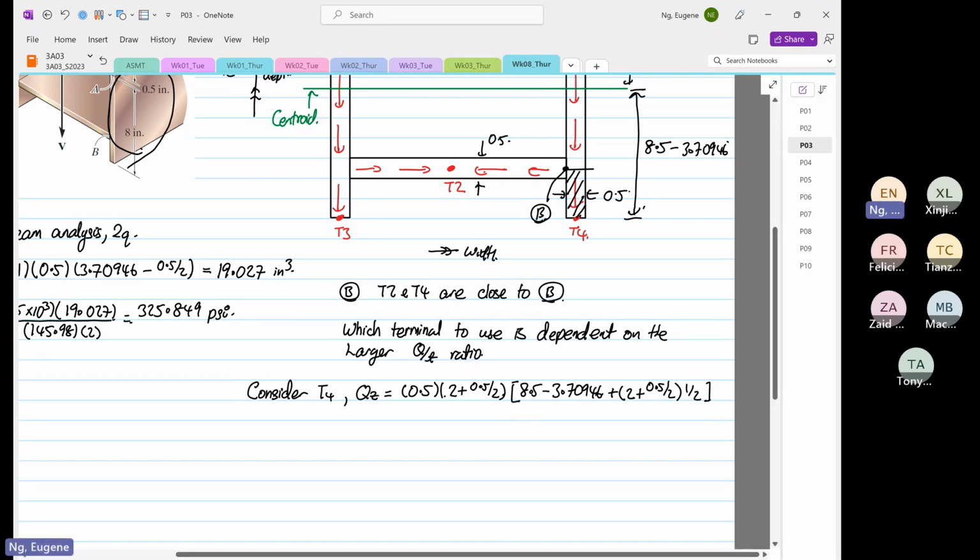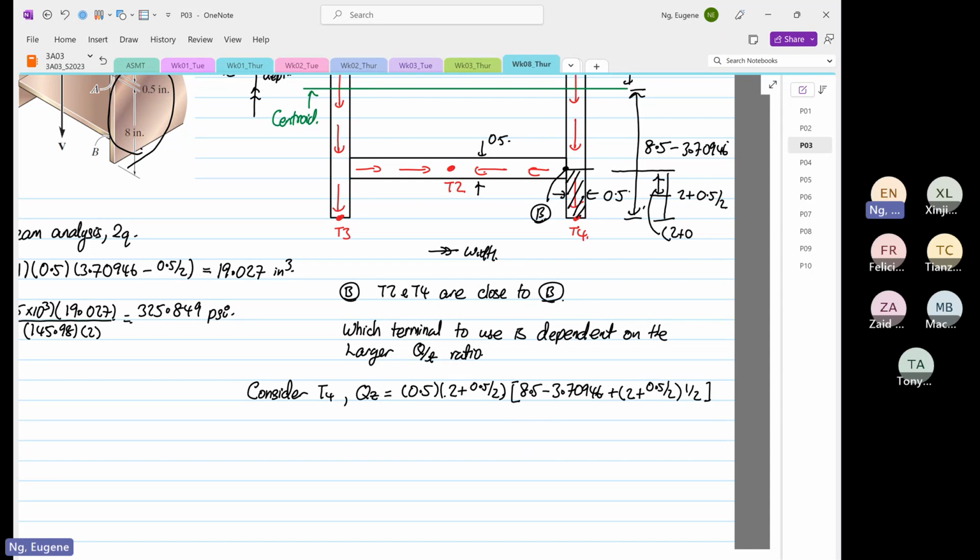So what I'm doing down here, we know that the distance from here to here is 2 plus 0.5 divided by 2, right? So half the distance over here, right? So this is equal to 2 plus 0.5 divided by 2, and then you multiply by half again. Okay, so that's what I've done. So indeed, it does look messy. Okay, so let me carefully calculate this out. 2 plus 1.5 divided by 2 times 1.5. So it is 1.125.